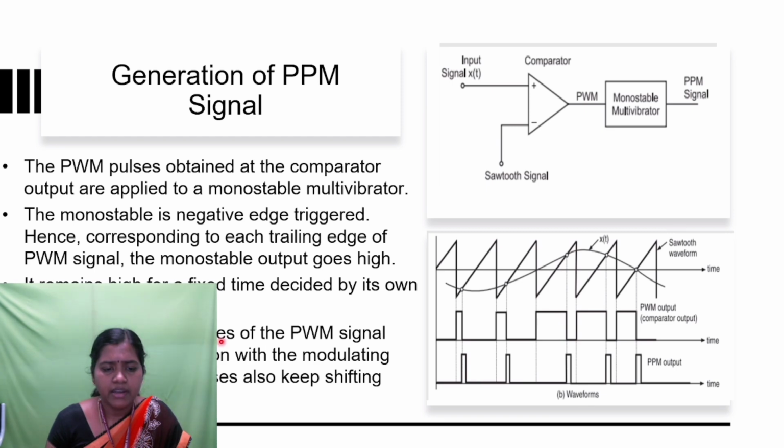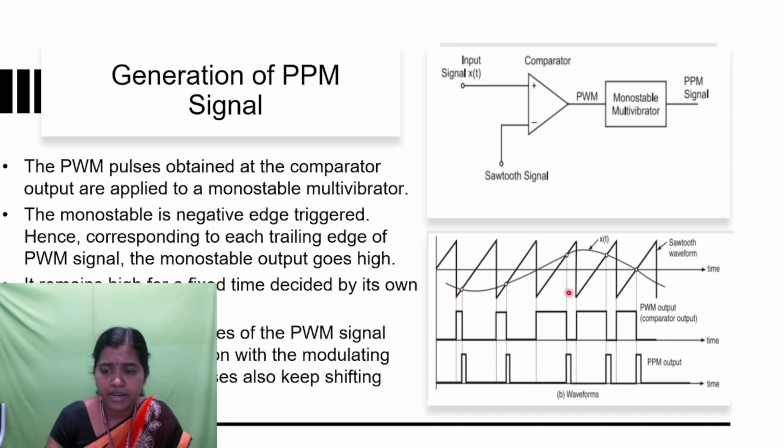Thus, as the trailing edge of the pulse width modulation signal keeps shifting in proportion with the modulating signal x(t), the pulse position modulation pulses also keep shifting. The trailing edge, from positive to negative, of the pulse width modulation signal keeps shifting in proportion with the modulating signal.